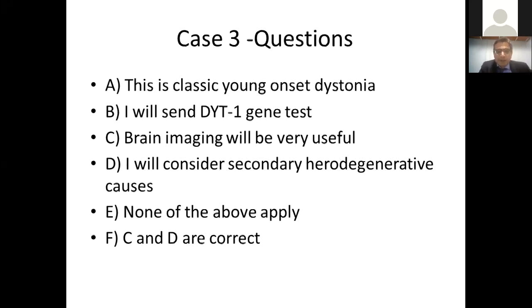Again, this gentleman had on investigation a brain iron accumulation disorder, PANK2 gene positive. So all of you did very well. C and D are the correct answers: that you would consider heterodegenerative causes, and that brain imaging would be very useful.